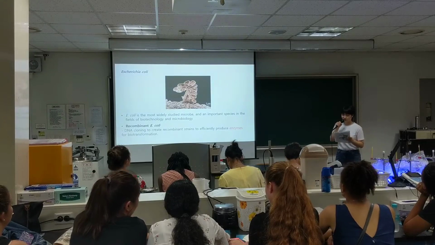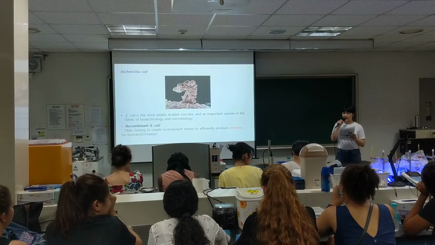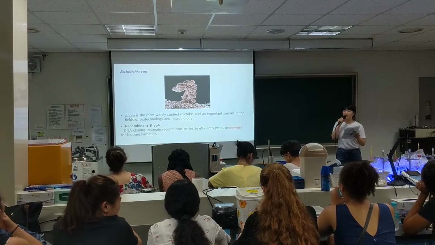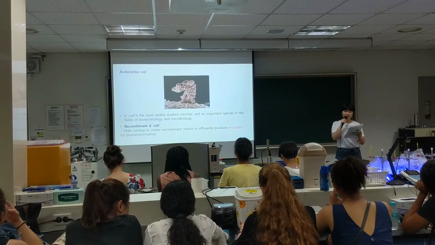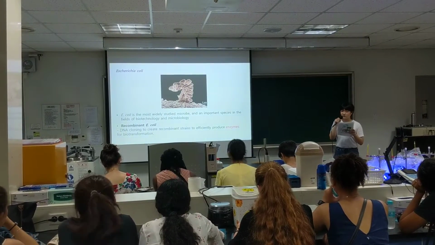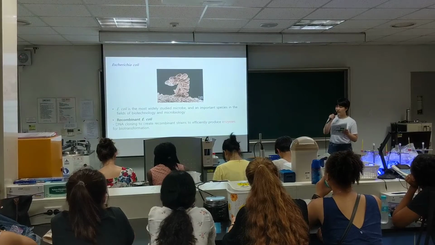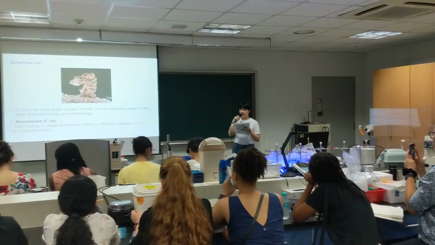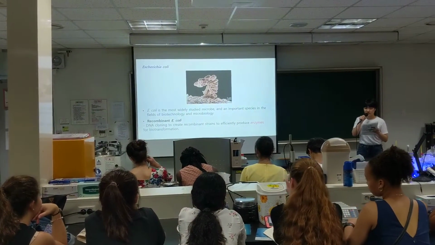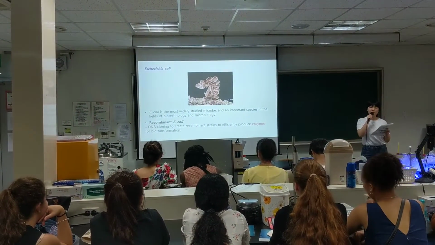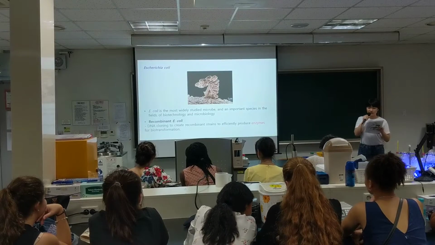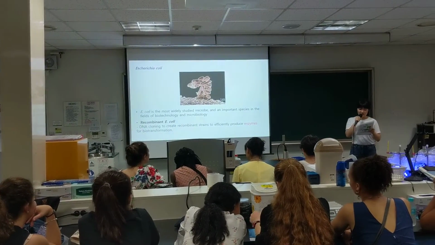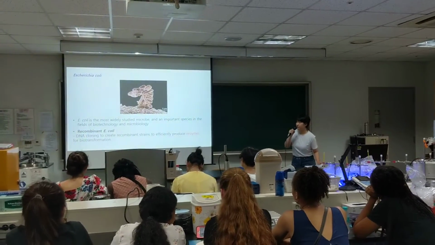We usually use E. coli because E. coli is the most widely studied microbe and an important species in the fields of biotechnology and microbiology. We use DNA cloning to make recombinant E. coli. From the recombinant E. coli, we can efficiently obtain enzyme used for biotransformation.